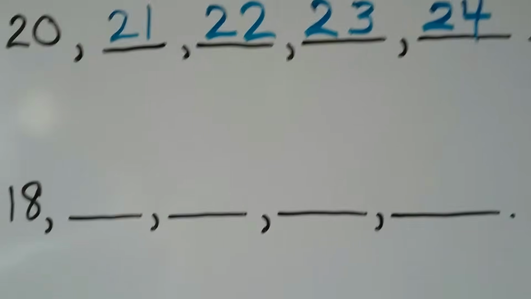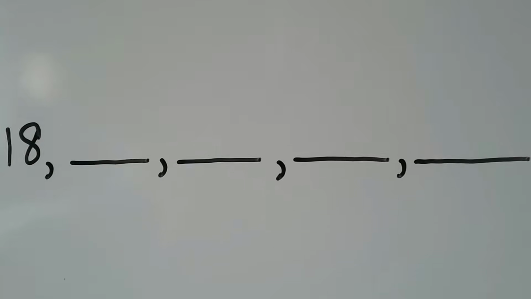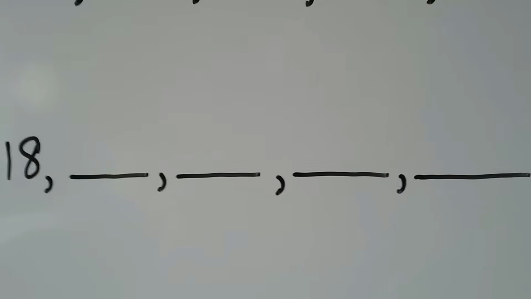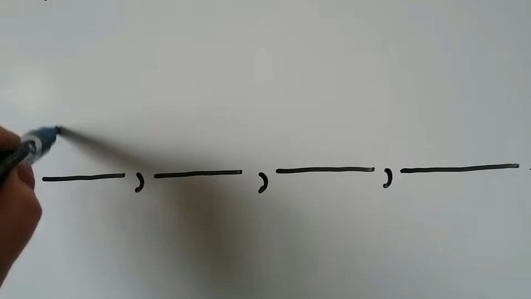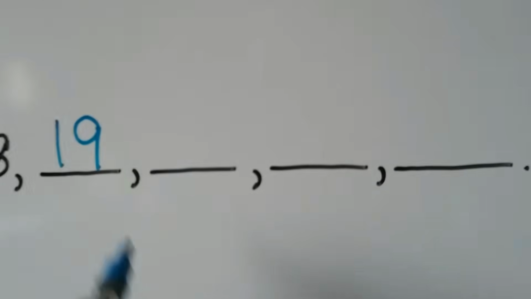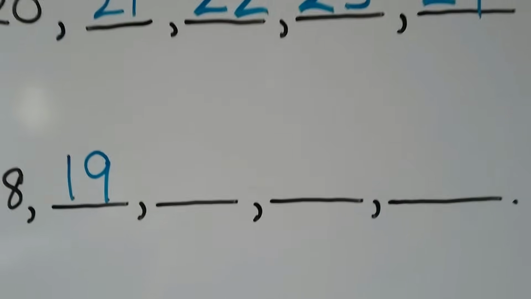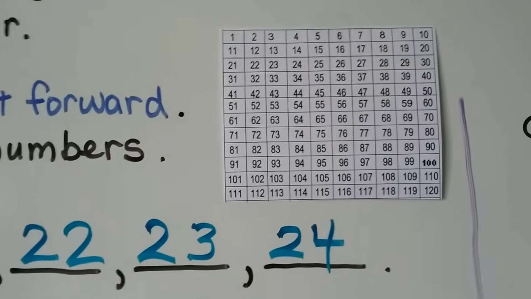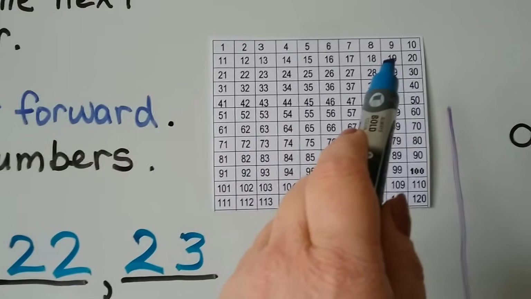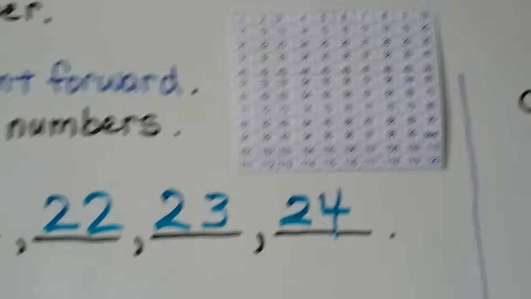We can try it again from 18. Do you know what number comes after 18? 18, 19, and what comes after 19? We can use the 100 chart if we need help. After 19 comes 20.